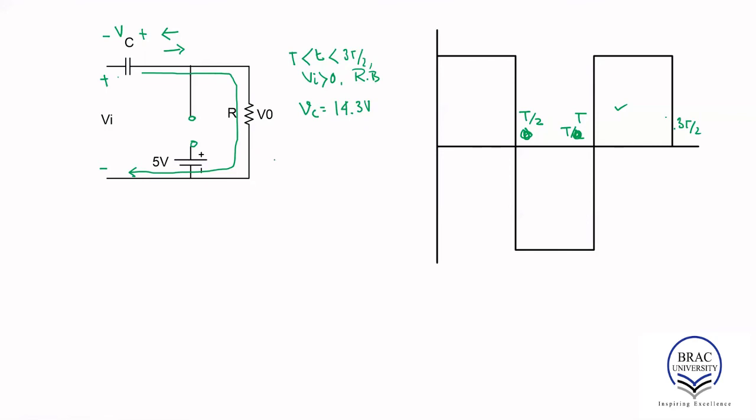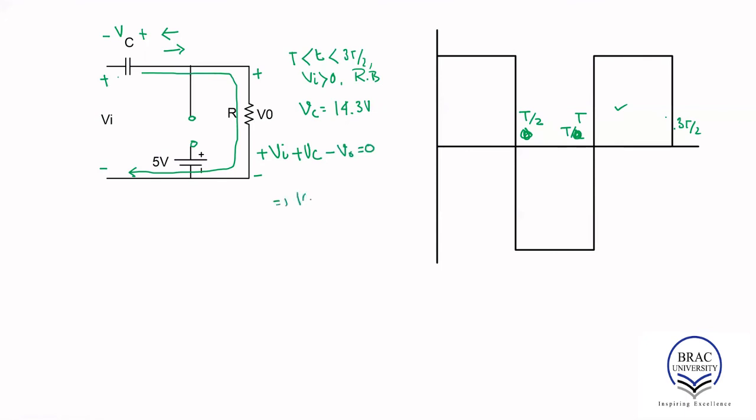Now I want to determine V naught when the diode is off. For that, we are going to apply KVL. Plus Vi plus Vc, assuming that it is positive, minus V naught is equal to 0.